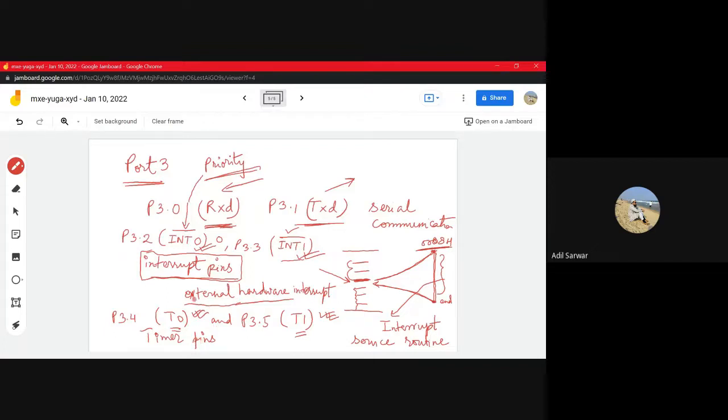Both functions are a bit different, but they are produced by the same T0 and T1 pins. Then finally we have two more pins, P3.6, which is the WR bar pin, and P3.7, where we have RD bar.